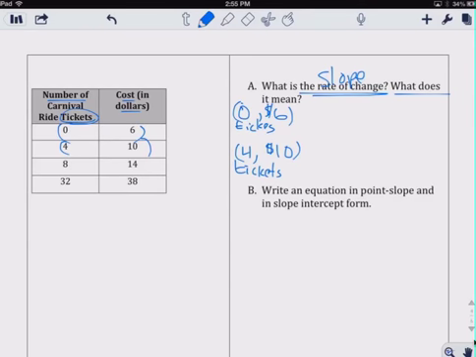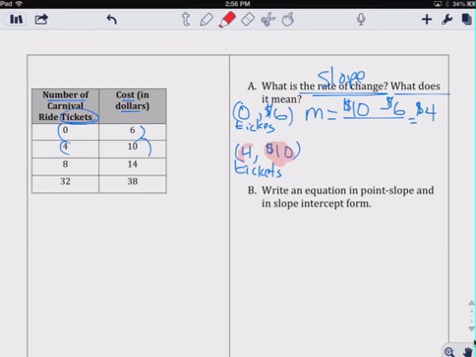What does it mean? And which one goes first? The dollars. 10. I'm going to start out with the bigger number because it tends to be more positive. I don't deal with negative. $10 minus $6 gives me the change in y, which is $4, over the tickets.